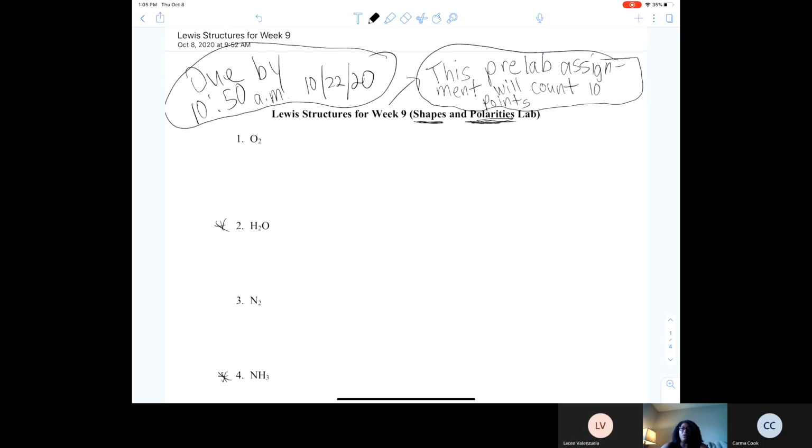Okay. So these are your 2 options on the particulate nature of matter lab. I do believe that if you go to our Teams page where it says posts and scroll up, the recording for that lab is available. Let's see, particulate nature of matter. Yes, there it is.